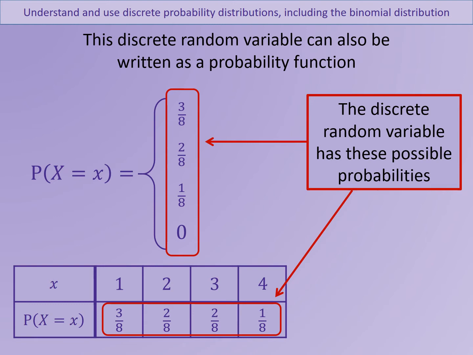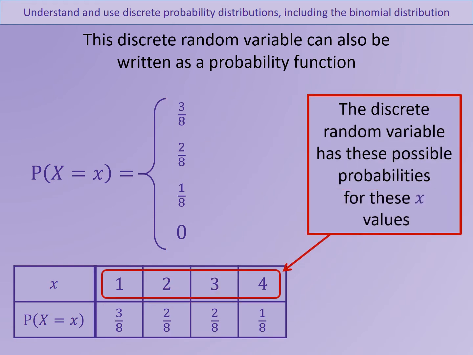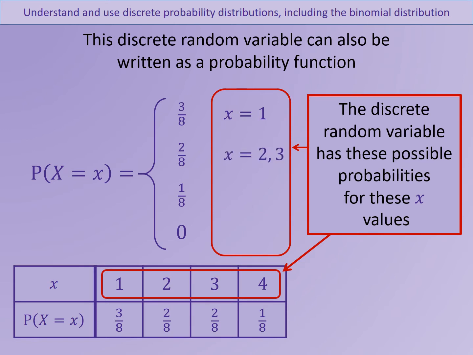How do we get these probabilities? How do we get the probability of 3/8? Well, we get that when we have these values of little x. So 3/8 occurs when x is equal to 1. 2/8 occurs when x is equal to 2 or 3. And 1/8 occurs when x is equal to 4.